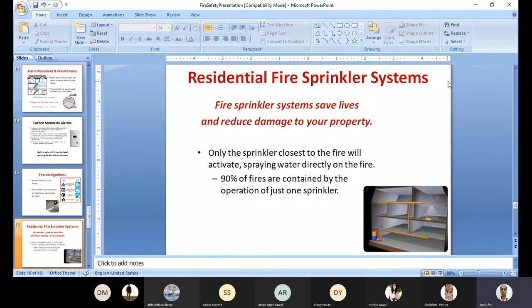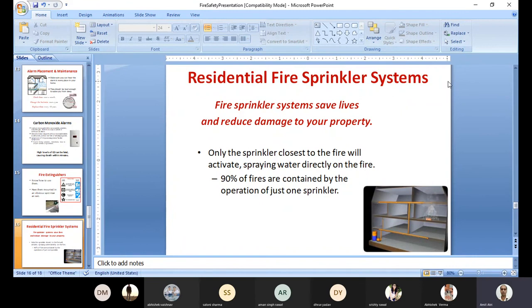Now this is also related to technology: which sprinkler system should be activated? The one nearest to the fire. Activating the sprinkler system for the whole building won't be advisable.